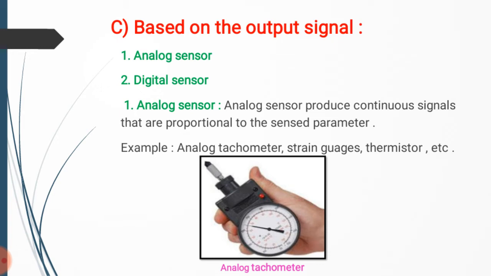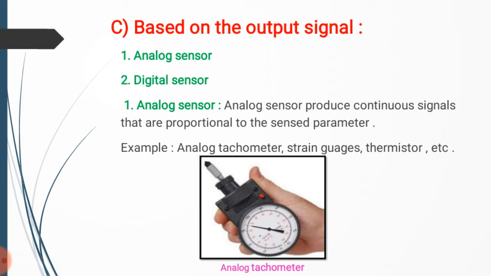The output is proportional to the sensed parameter, that is, the input variable given to that particular sensor. Examples of analog sensors are the analog tachometer, strain gauges and thermistors, all of which have a continuous analog output signal.